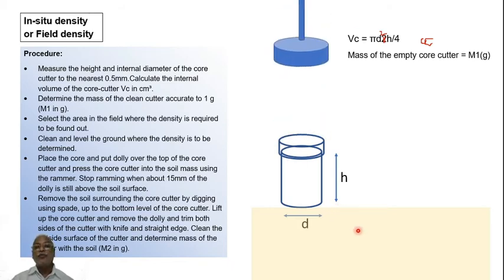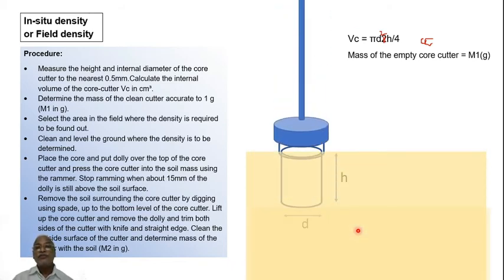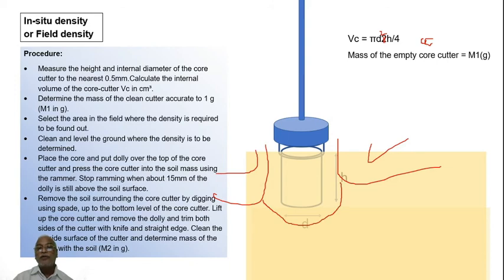So you ram so that this core along with the dolly gets penetrated inside, and then you have a clearance of 1.5 centimeter. Now what you have to do is excavate this soil, by some means, so that you will be able to hold this particular amount of soil.